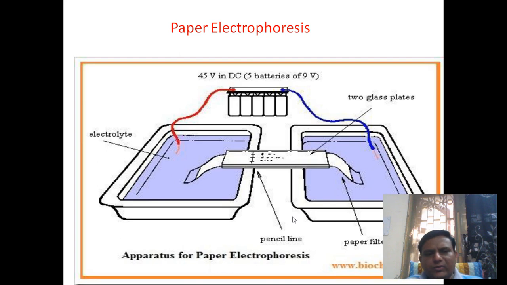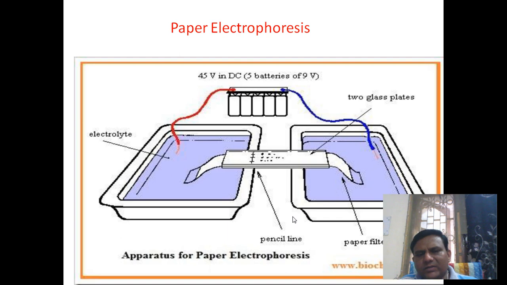Due to the porous nature of your paper, your molecule can migrate toward the opposite charge electrode through that paper. And these molecules continuously interact with your paper due to the adsorption principle.